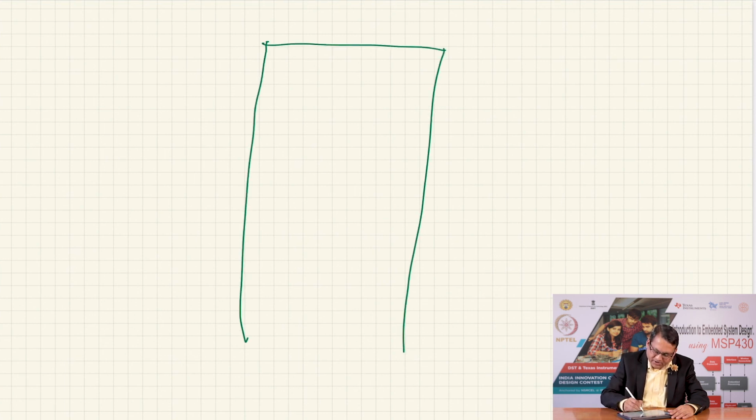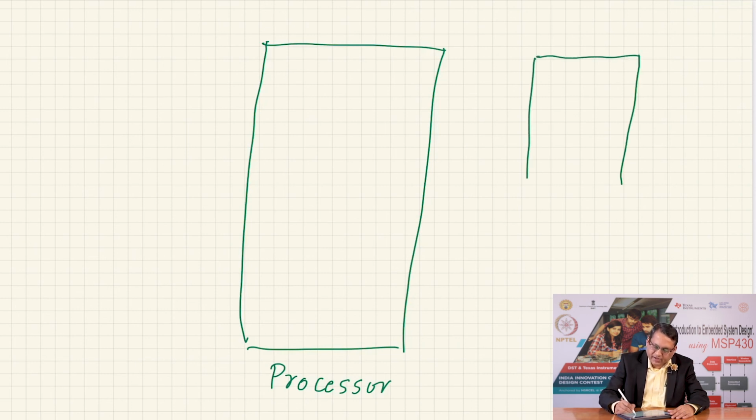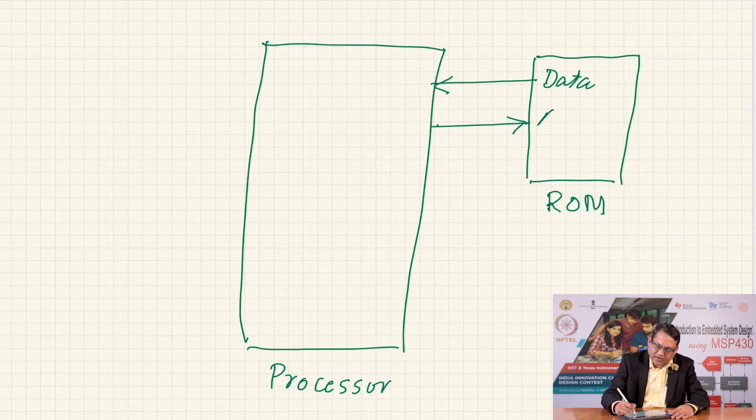So, this is my processor. I put it in the center for a particular reason. Now, you can have a type of memory devices which store the program, we call them ROM, and for that it would have data bus. In this case, the direction can only be this. Address lines, so this is data, this is address, and this is control signals.